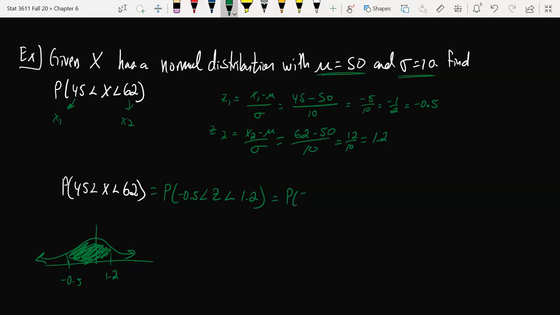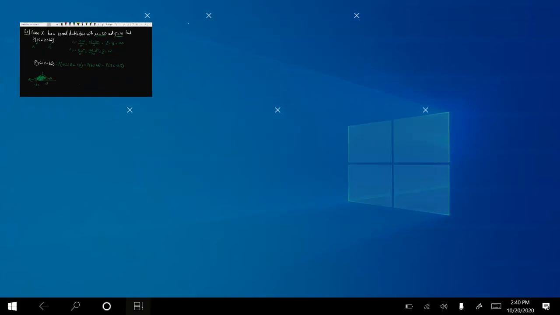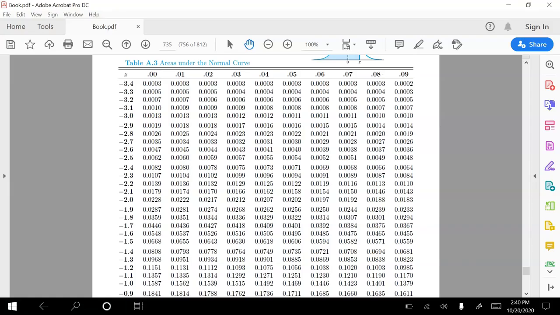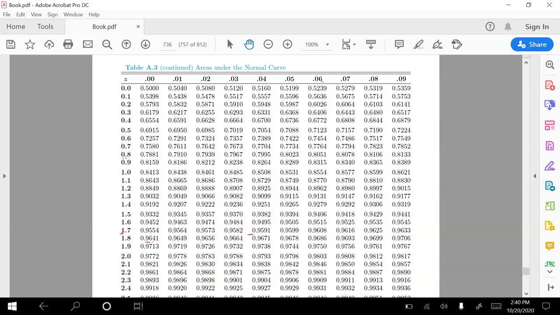So we're going to do the probability that Z is less than 1.2, and we need to subtract the probability that Z is less than negative 0.5. Let's take a look at what these values are in the table. Where's our 1.2? This is just 1.20. So that's 0.8849. And then we're also going to need negative 0.5.